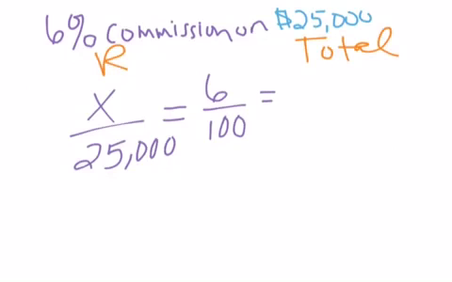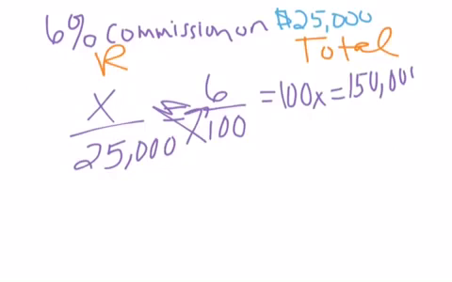Alrighty, so again, we're going to cross multiply, get 100x equals 25,000 times 6. So it looks like 6 times 25,000 is going to be 150,000. Let's divide by 100.